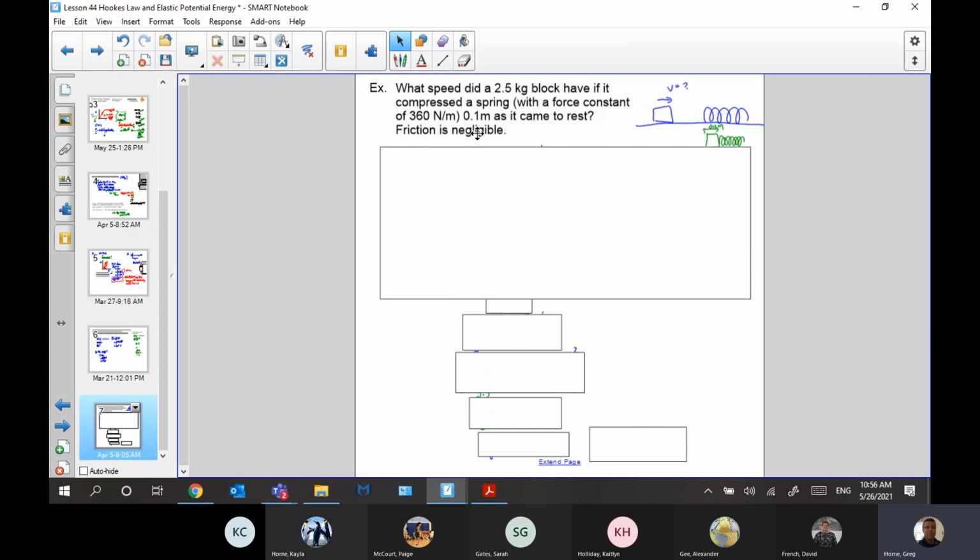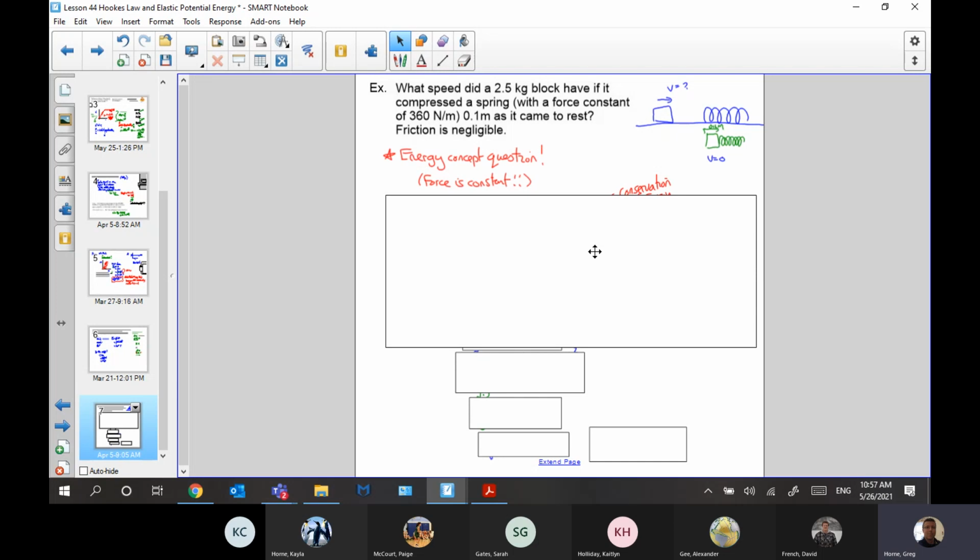And no friction, thank goodness, because that changes things a lot and makes it more complicated. But the idea is it compressed by 0.1 of a meter as it came to rest. And so the idea that should be in your head right away is that the kinetic energy it had became elastic potential energy, right?